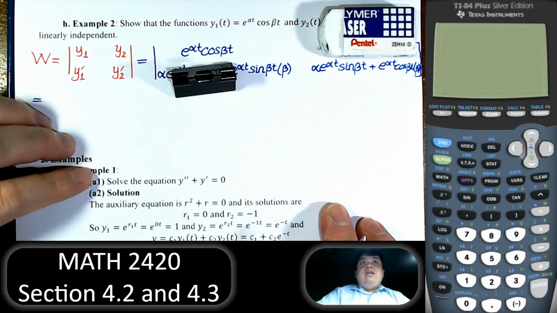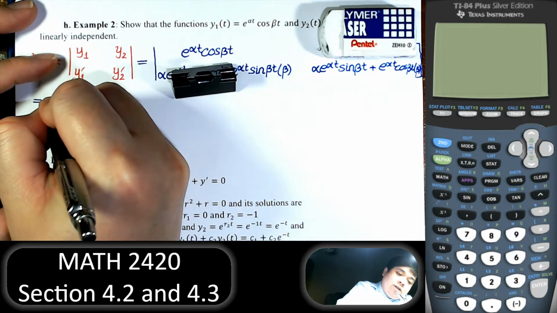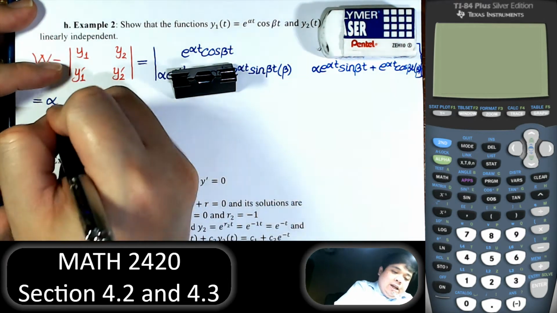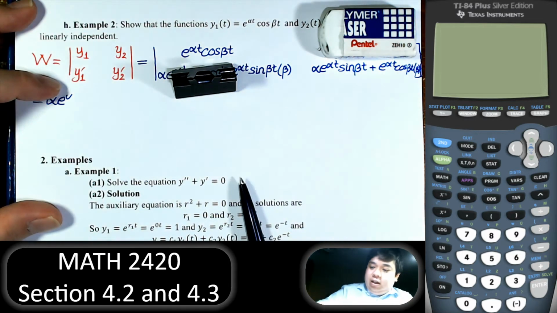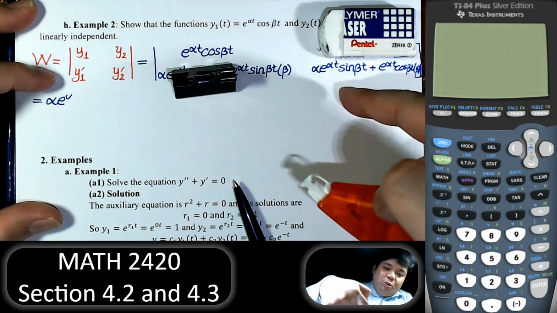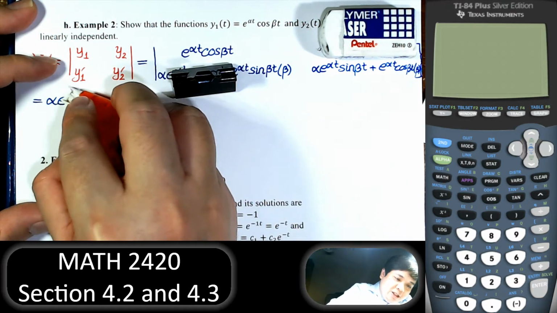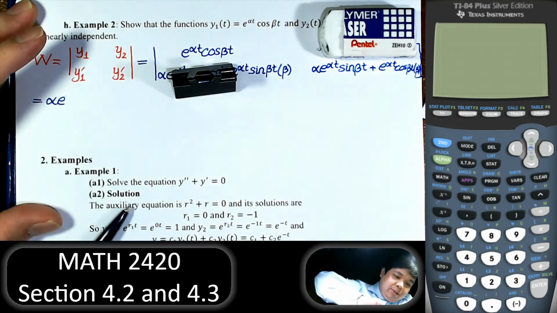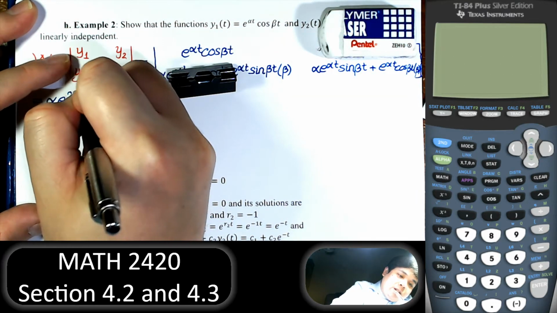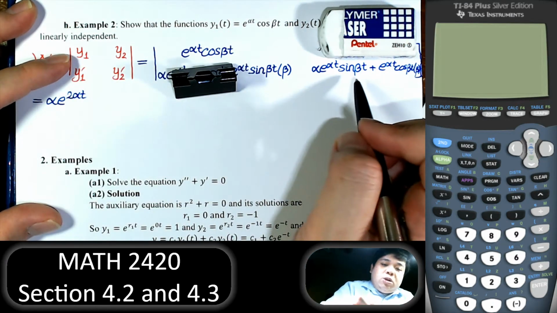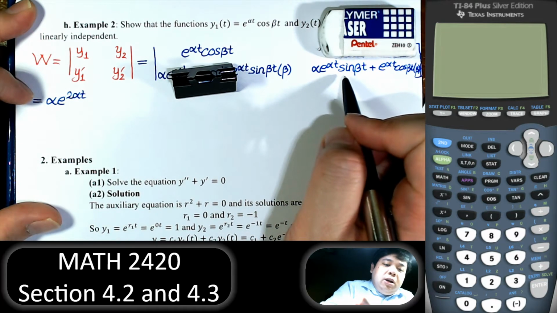The first term is alpha e to the 2 alpha t, I mean, there are 2 of them, cosine and then sine.